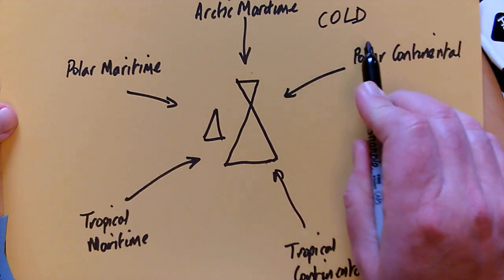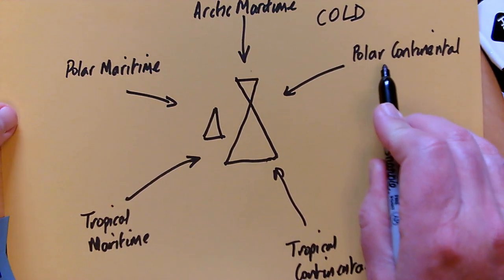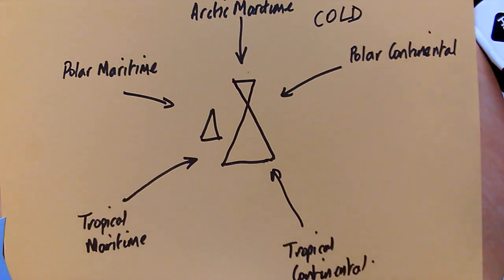Right, moving around to Polar Continental. Polar Continental actually brings with it two different types of weather depending upon the season. If we think about the winter Polar Continental, first of all, the source region is Scandinavia and northern Russia. So you're looking at a source region where you have got temperatures that are going to be -20, -25, maybe even colder.